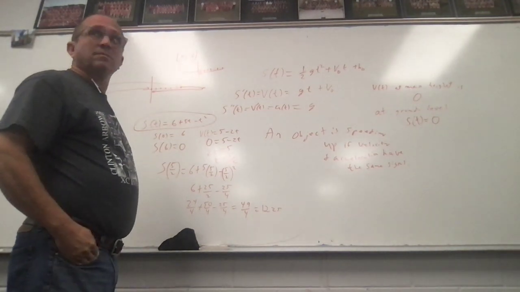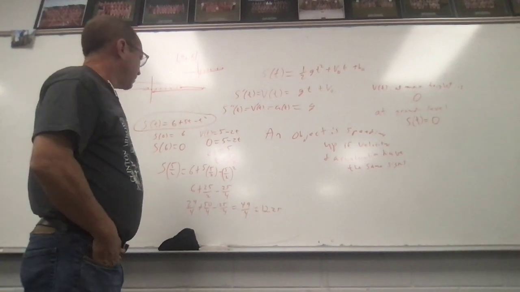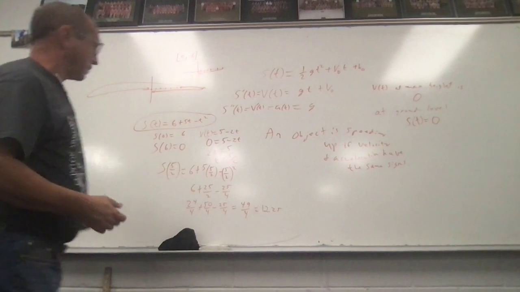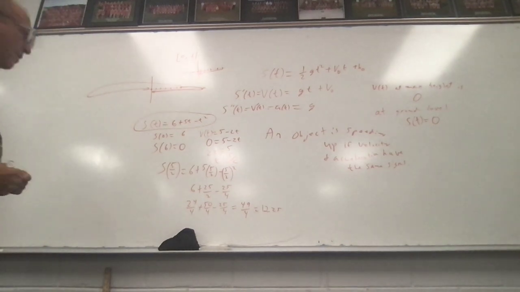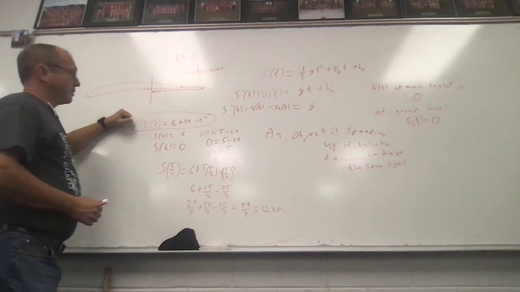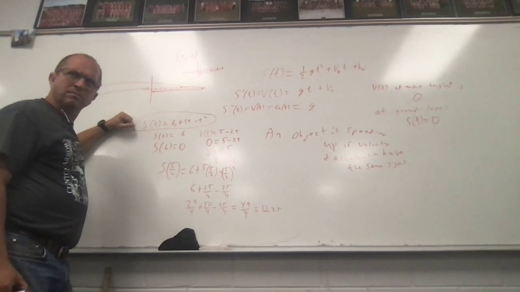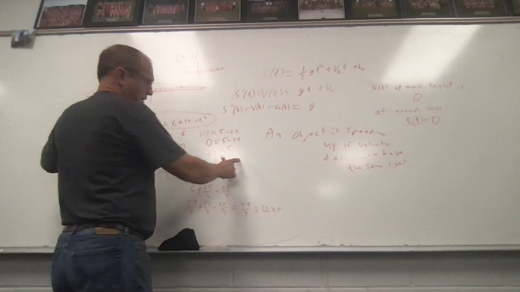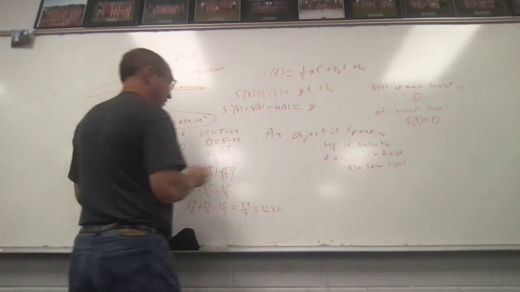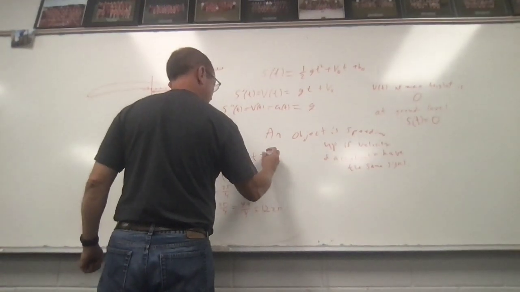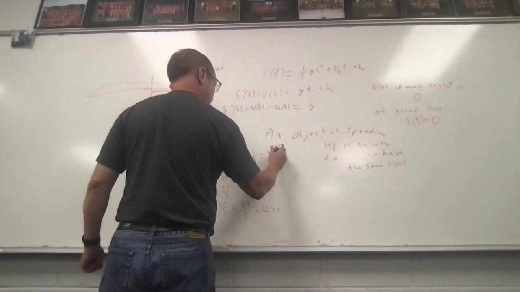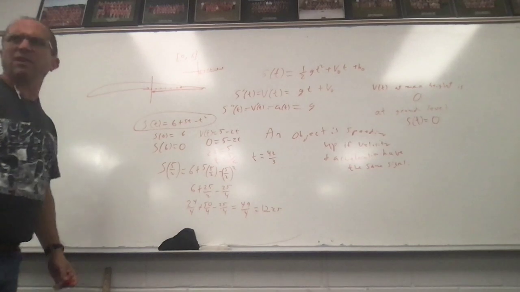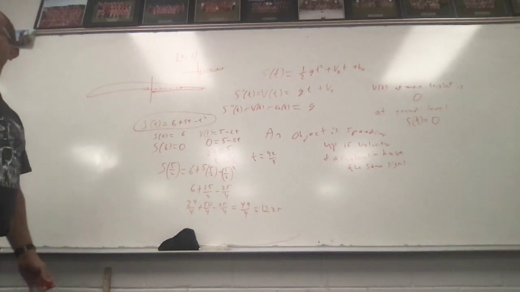Yes. So how would you know if it didn't have a change in direction? If it didn't have a change of direction, one of two things could have happened. I might have taken the derivative and it never equaled 0. Or I could have taken the derivative, and if this t right here had been like t equal to 42 over 3, now 42 over 3 is like 13 point something, right?